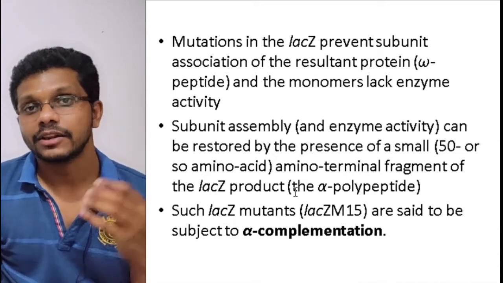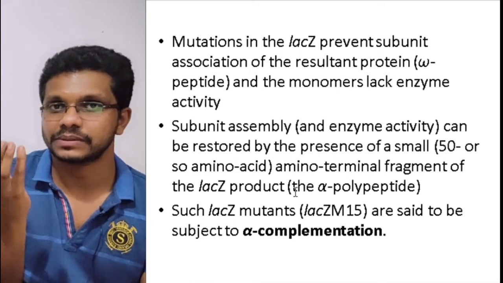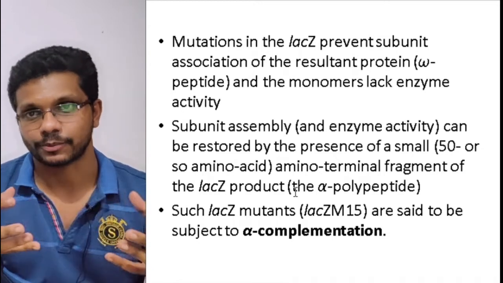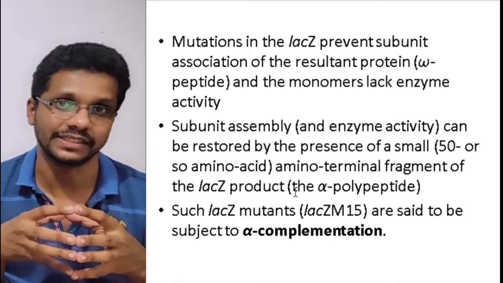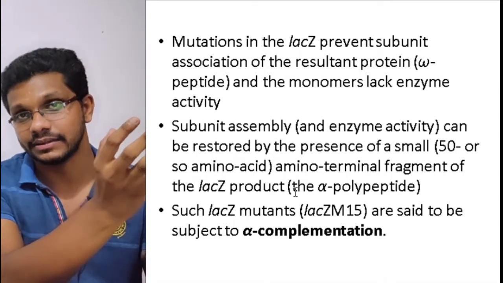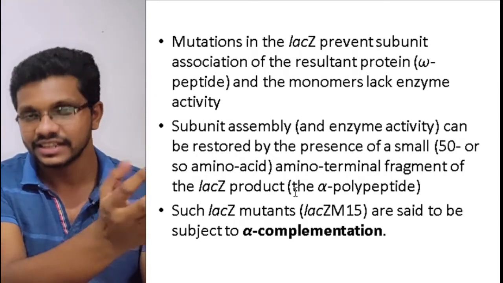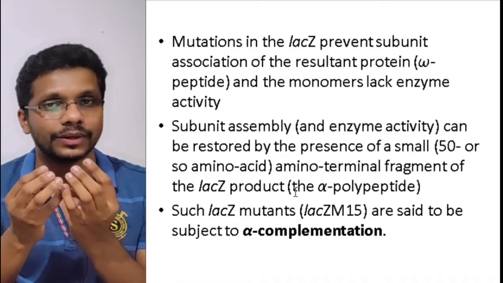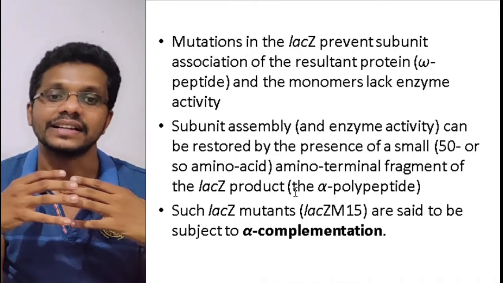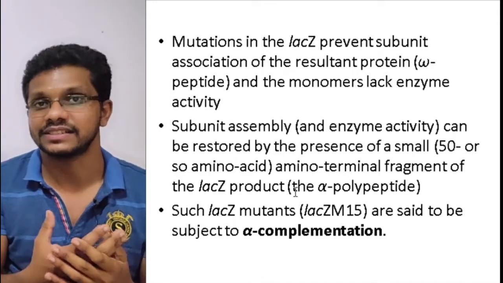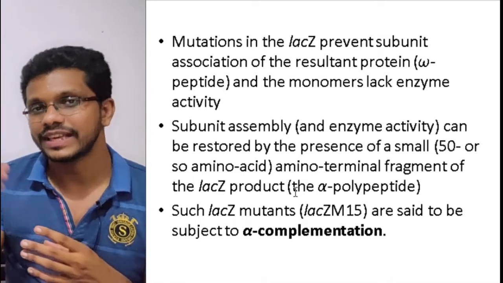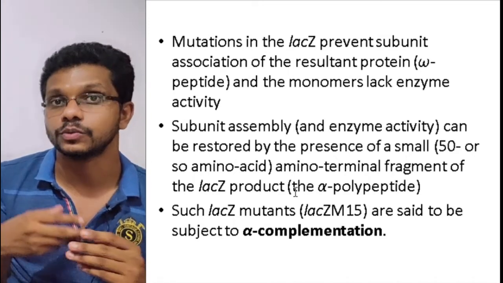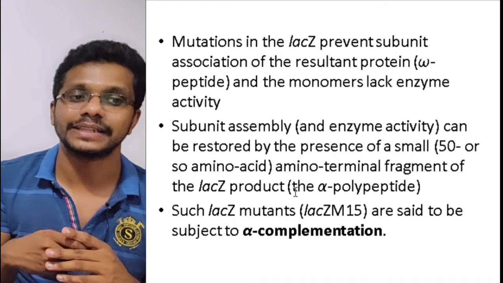When the omega peptide, which is large, and the alpha peptide, which is small, combine together, they make a functional tetramer and a functional beta galactosidase. That is what we call alpha complementation. So the alpha peptide can complement the omega peptide to make a functional beta galactosidase.